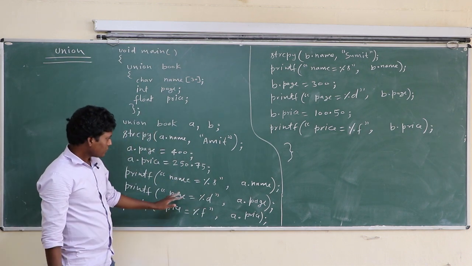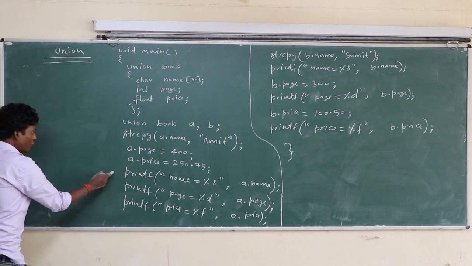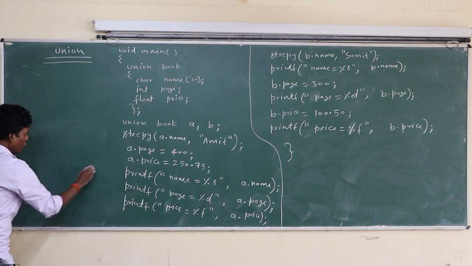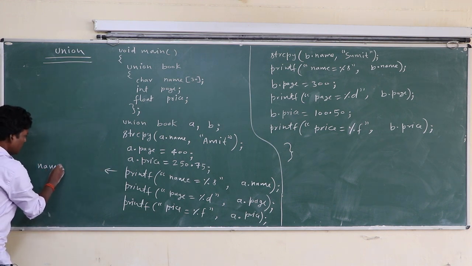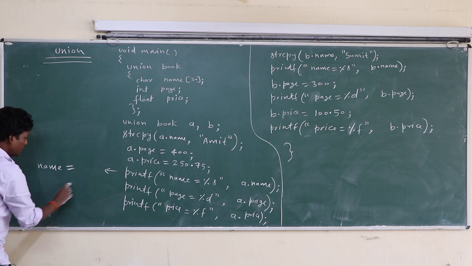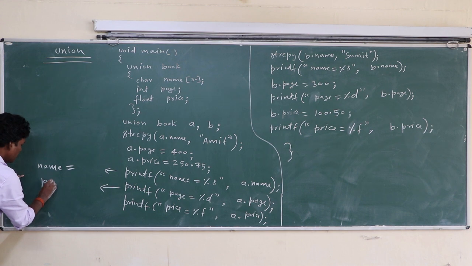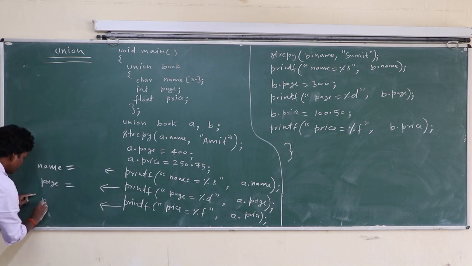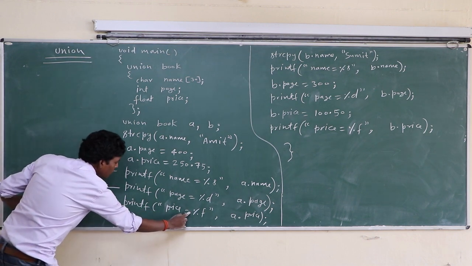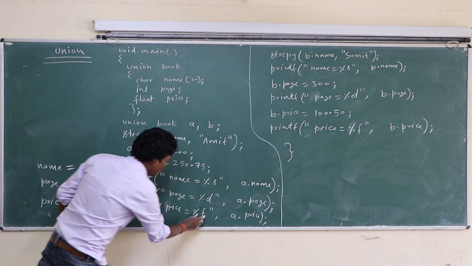Okay class, but the output is here. Output is name equal to, there will be nothing here. Output is page equal to, there is nothing here. Output is price equal to, and this value will be printed here.